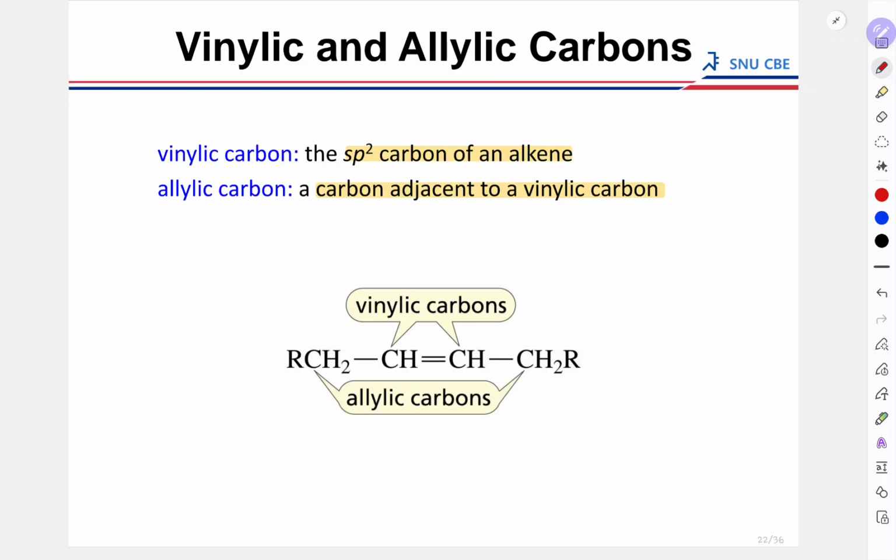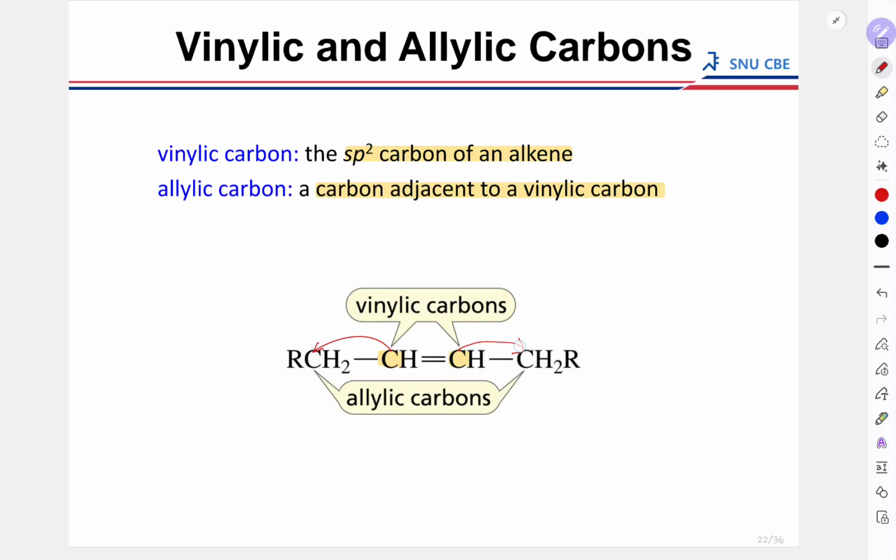In this particular case, you can locate these two carbons as vinylic carbons. What about the allylic carbon? It's the carbon adjacent to, in other words sitting next to, the vinylic carbon. For instance, this site you can call an allylic carbon site. That's how you can distinguish vinylic versus allylic.